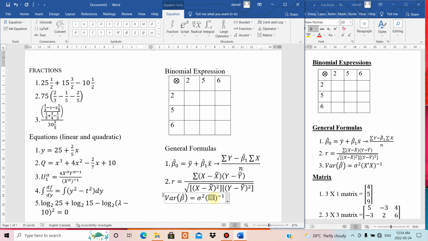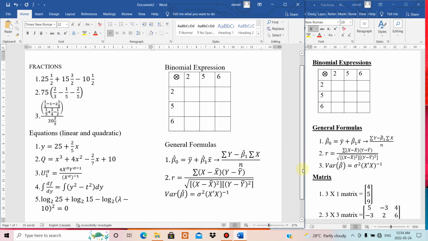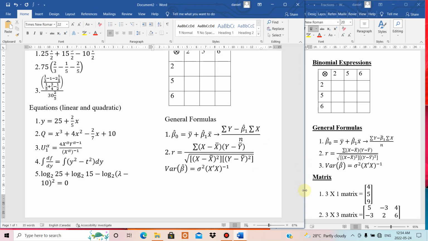X prime x. So that is that. So with the prime, you can locate it on your keyboard. So you find the kind of keyboard you're using and you do that.